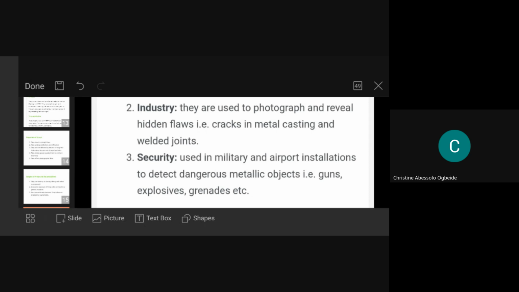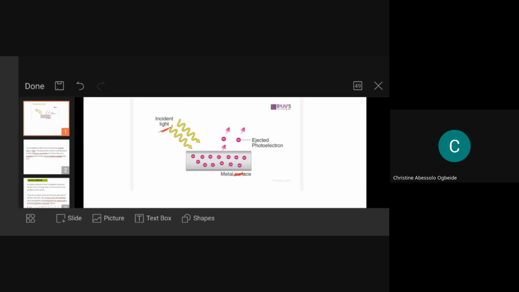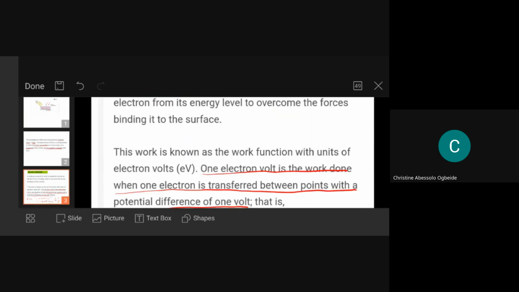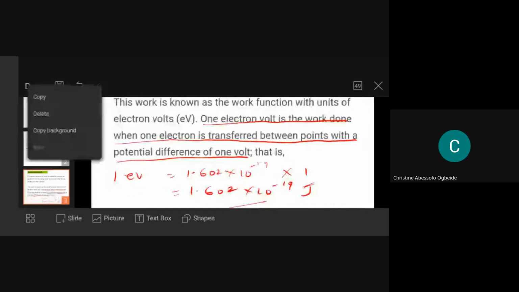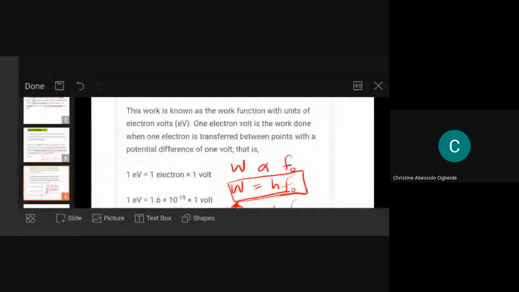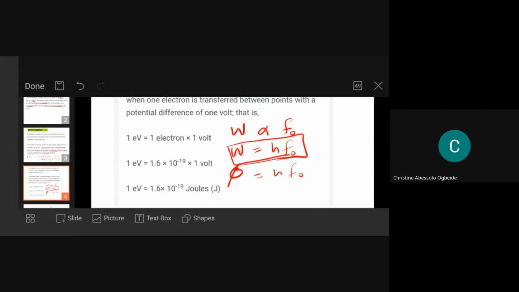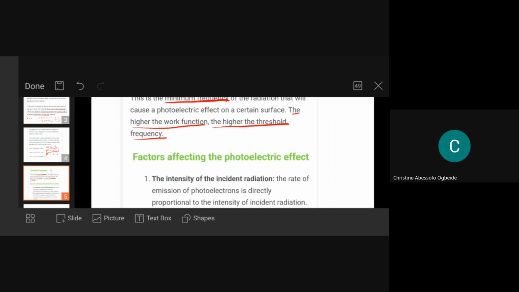Basically, what I want you to do is go back and master these equations we've talked about in this class. Look at the very first equation. Let me go back to where we started. Firstly, we talked about the photoelectric effect, and I defined it. The next thing we talked about was the work function, and then the threshold frequency.